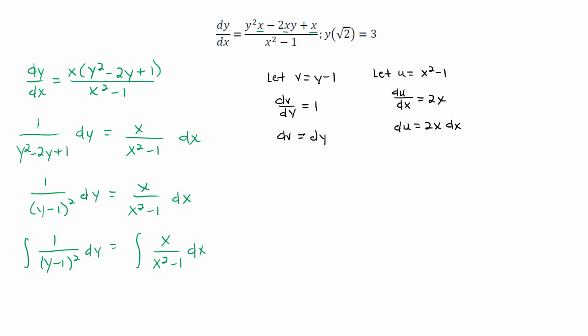To use substitution in our integral, we could substitute x dx for u. So if I divide both of these by 2, I would get 1/2 du equals x dx.